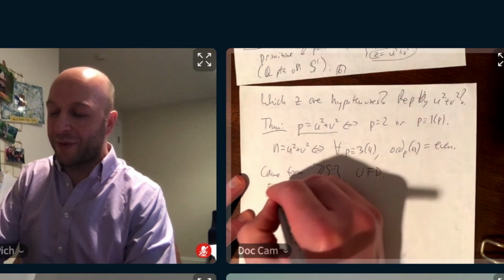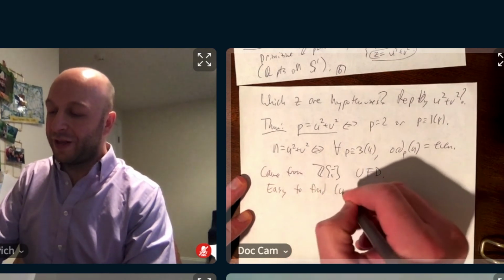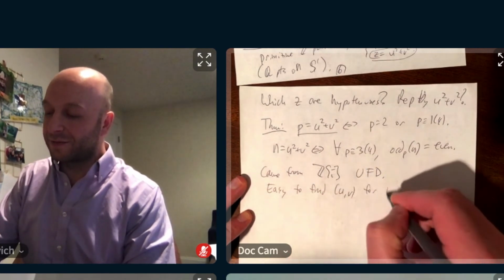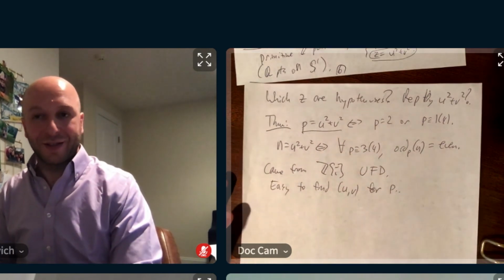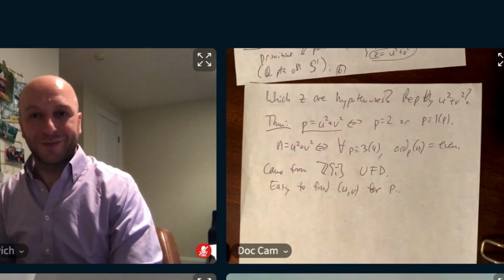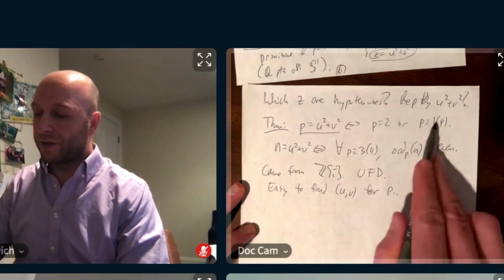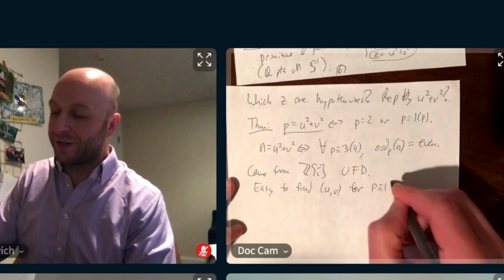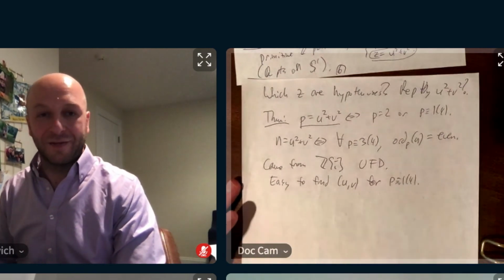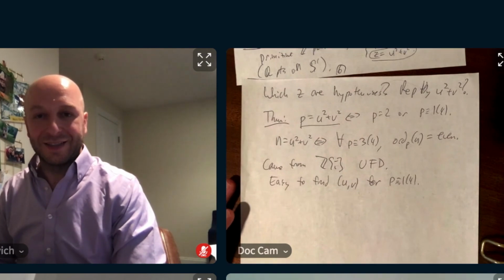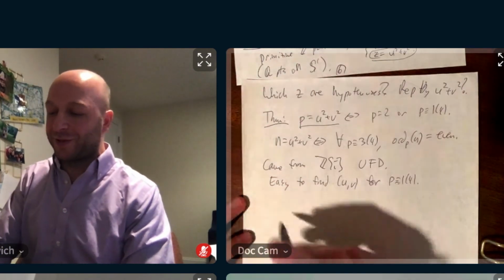It's easy to find u and v for p. And hopefully you guys remember that process, Dependra. For primes that are 1 mod 4, for those that have a representation, it's easy to find that representation. And hopefully you remember how to do that. This is kind of what we did up to the first midterm.